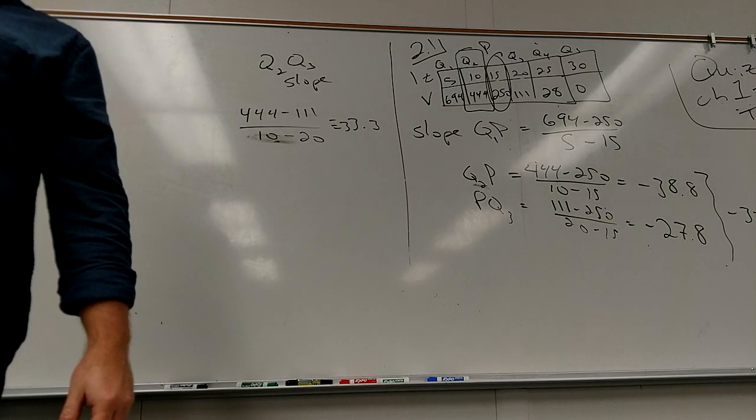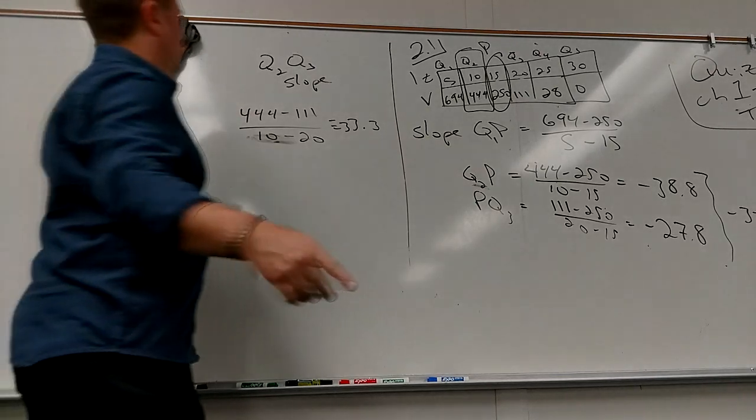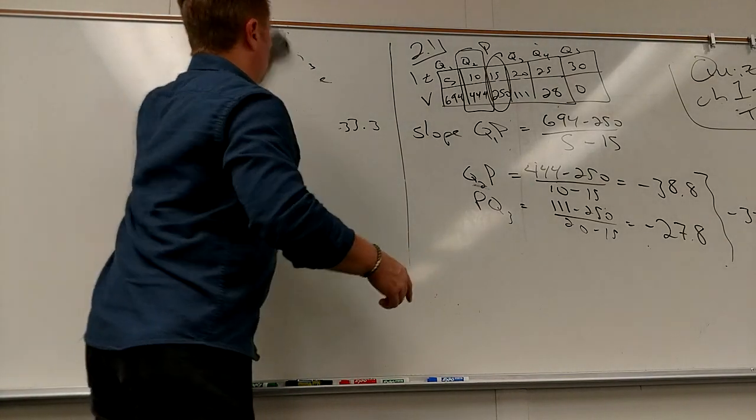So let me see if they throw anything weird at you. The way they give you the question gets a little bit weird. For example, let's look at number 6 real quick, just so you see what you're supposed to do.